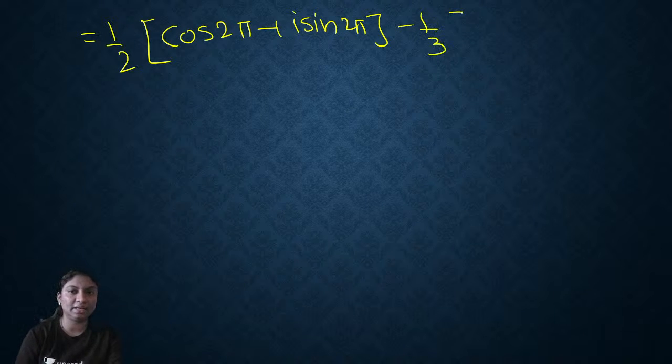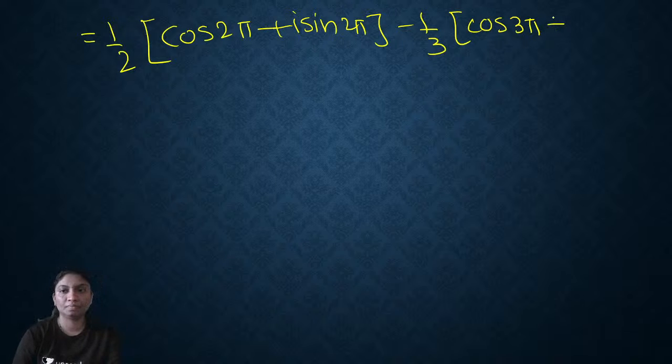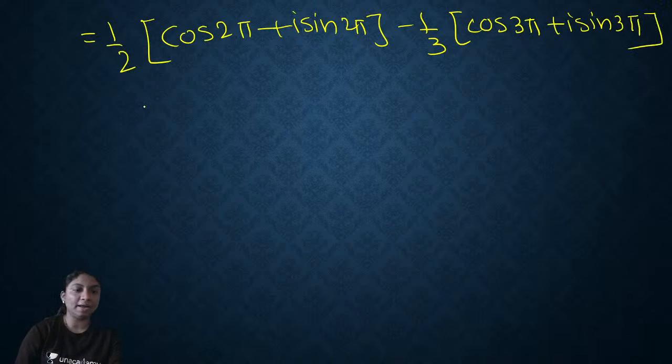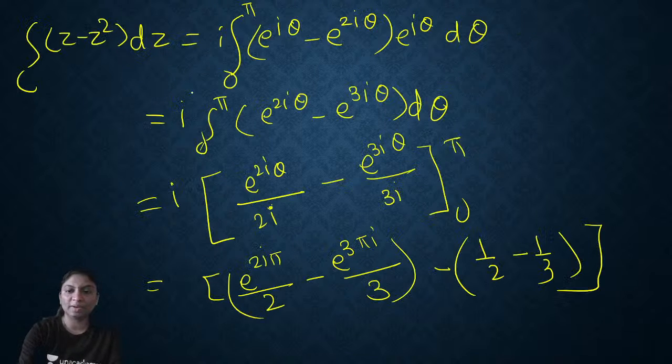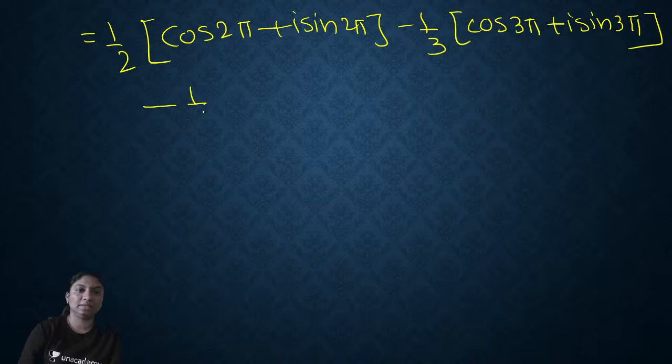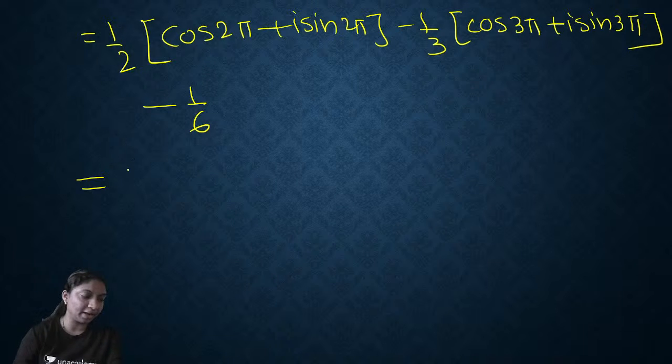Minus 1 by 3 into the bracket, this becomes cos 3 pi plus i sin 3 pi. Minus, here is minus 1 by 2 minus 1 by 3, 3 minus 2, so 1 by 6, minus 1 by 6.